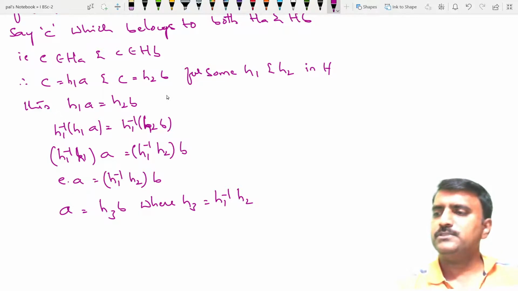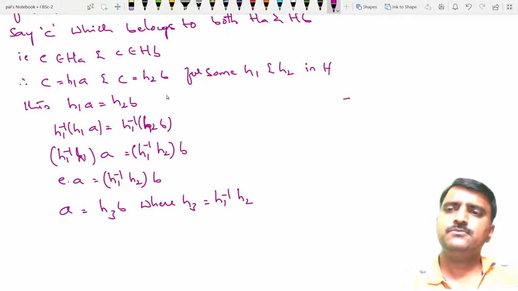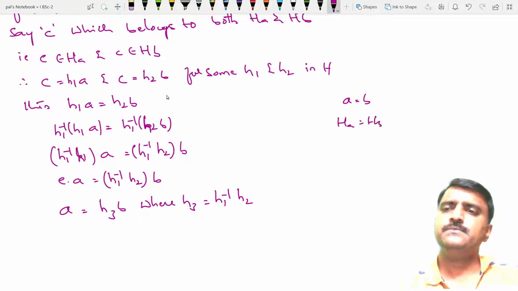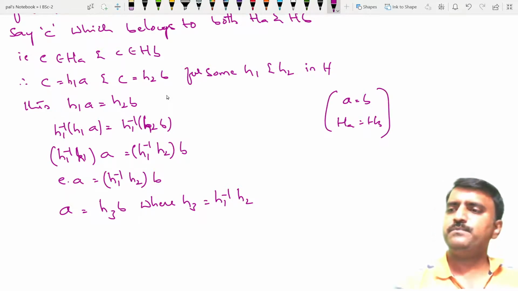So A is equal to H3B. Now if A is equal to B, then HA is equal to HB. So use the same thing here.